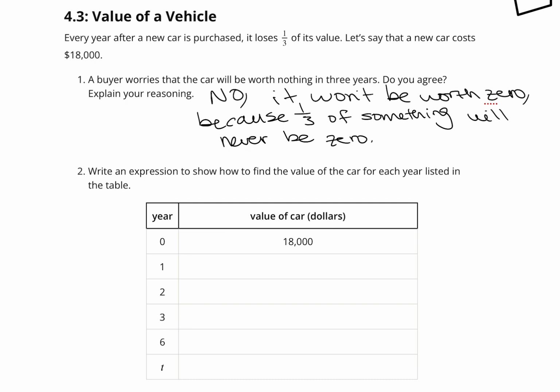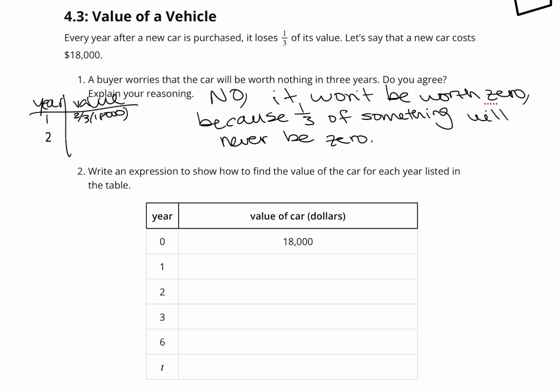All right, so another way to think about that, if we made a table, year and value, in year 1, it's worth, let's see, after 1 year, it's going to be worth 2/3 of 18,000 because it's lost 1/3 of its value.